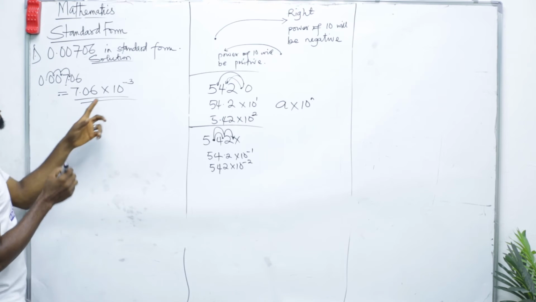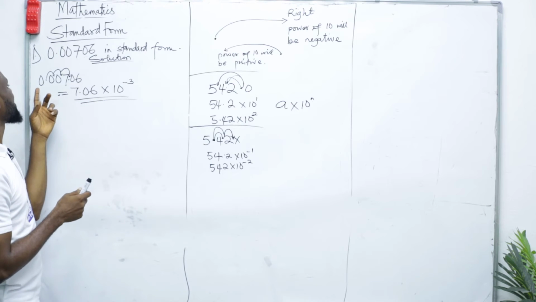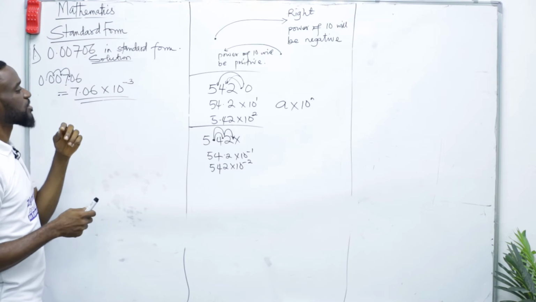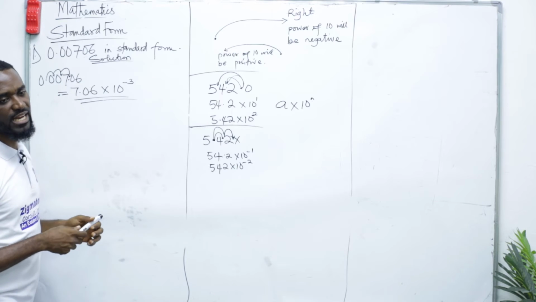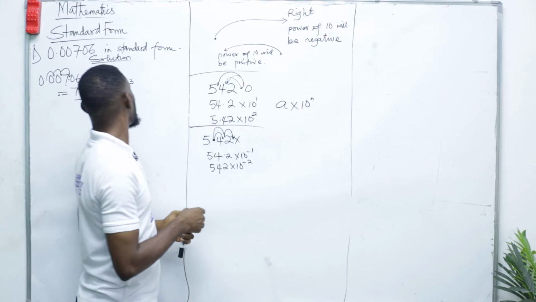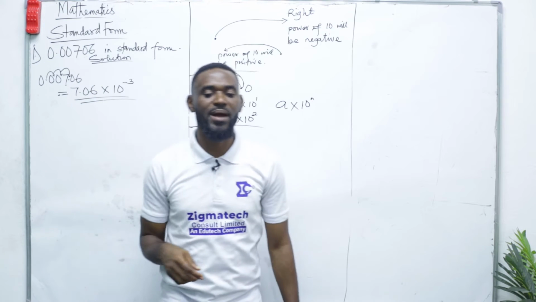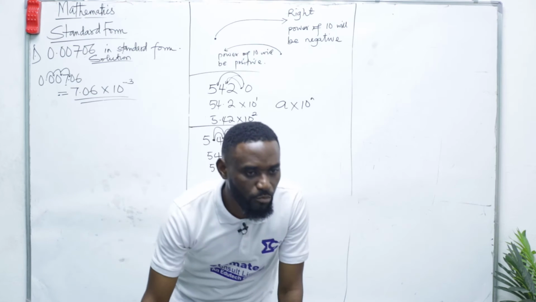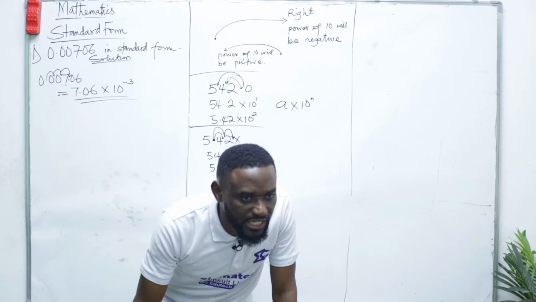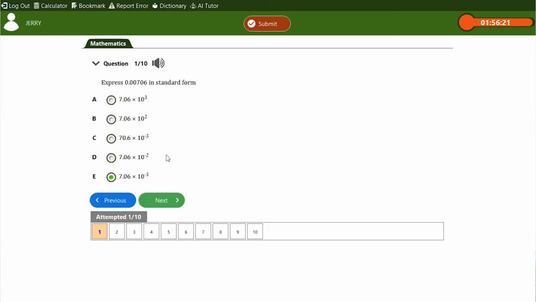So this is the standard form of writing 0.00706. Do you get that? It's going to be 7.06 times 10 raised to power minus 3. And that is option E, 7.06 times 10 raised to power minus 3.